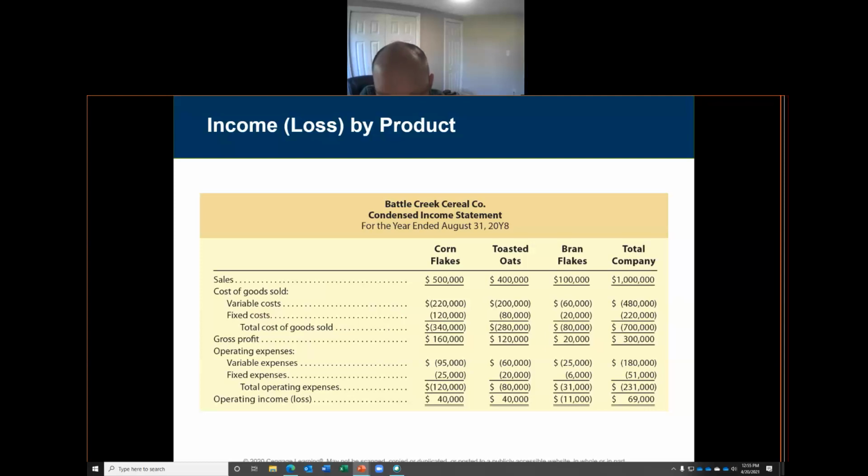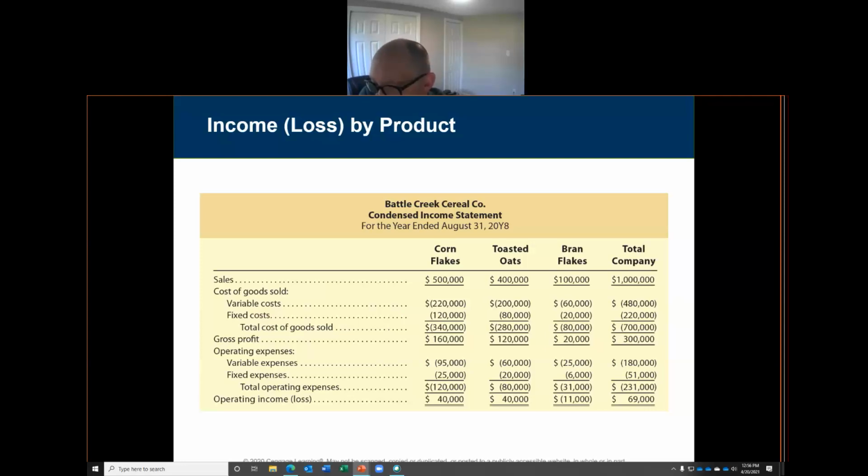Now, here's the thing you need to remember when we talk about discontinuing a product. Just because you stop making and selling the product doesn't mean you don't still have expenses. Remember what we talked about before when we talked about costs, fixed and variable costs, fixed and variable expenses.